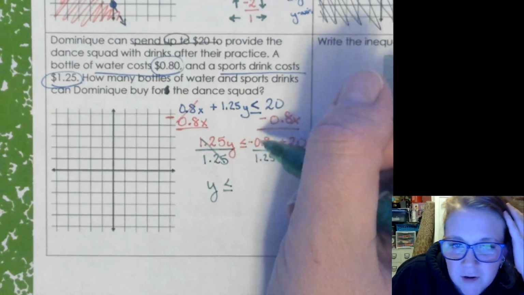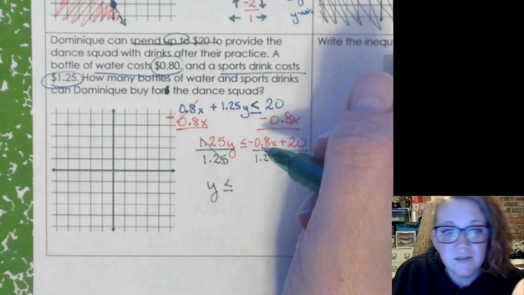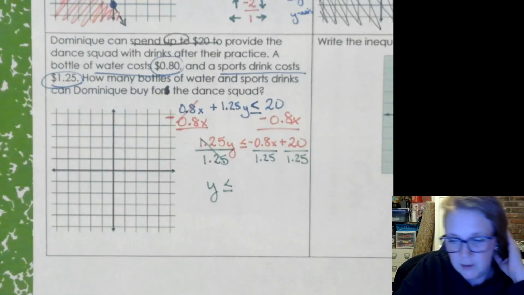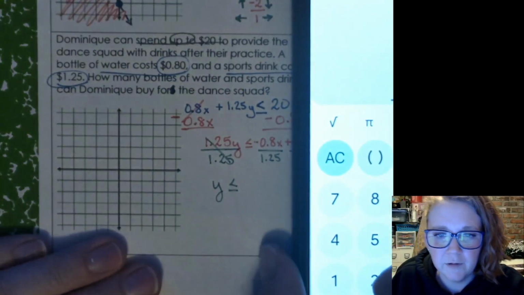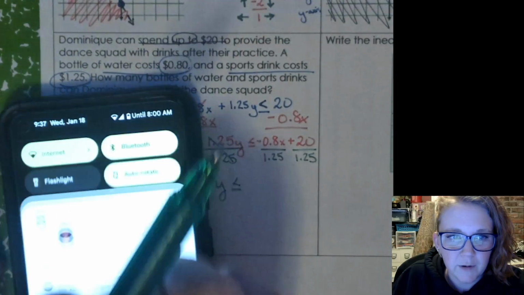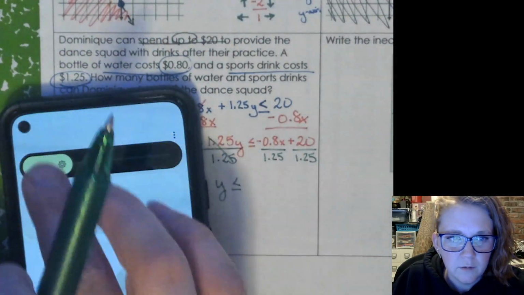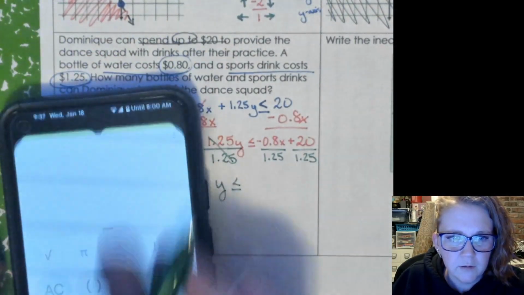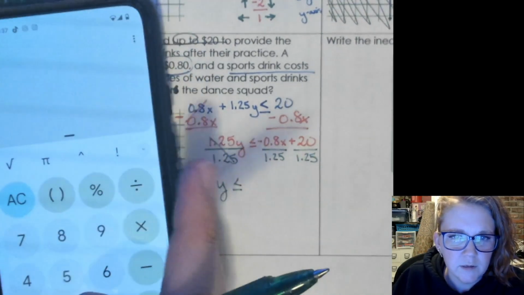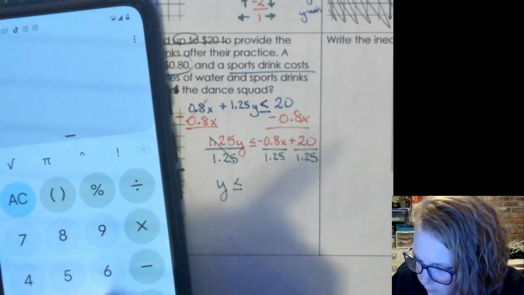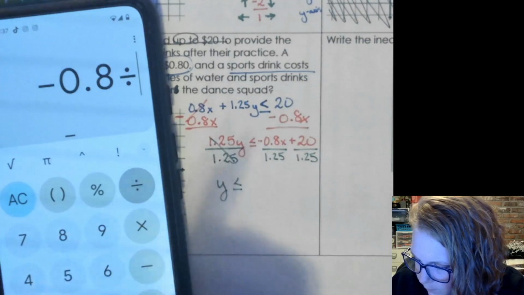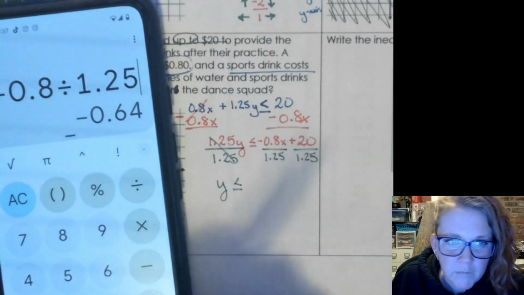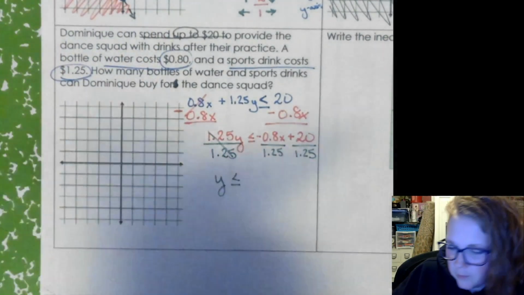Alright, so now we're gonna try to divide this stuff. Okay, so let's see. I'm gonna do it on my phone calculator. See, I need negative 0.8 divided by 1.25. Oh hey, negative 0.64.